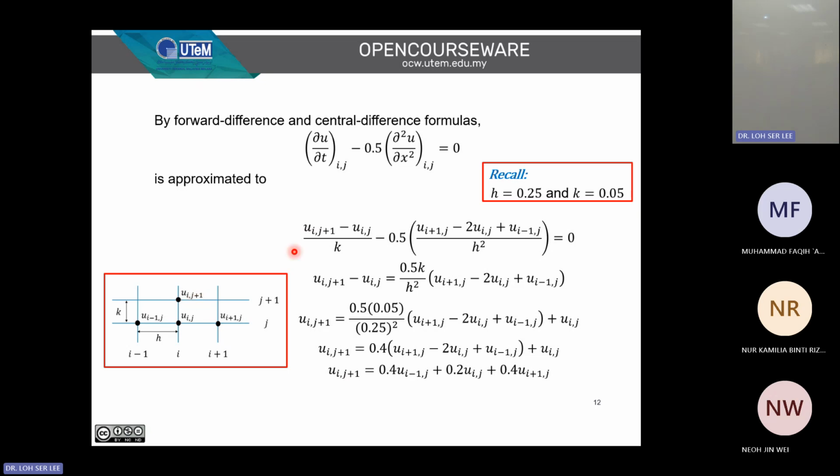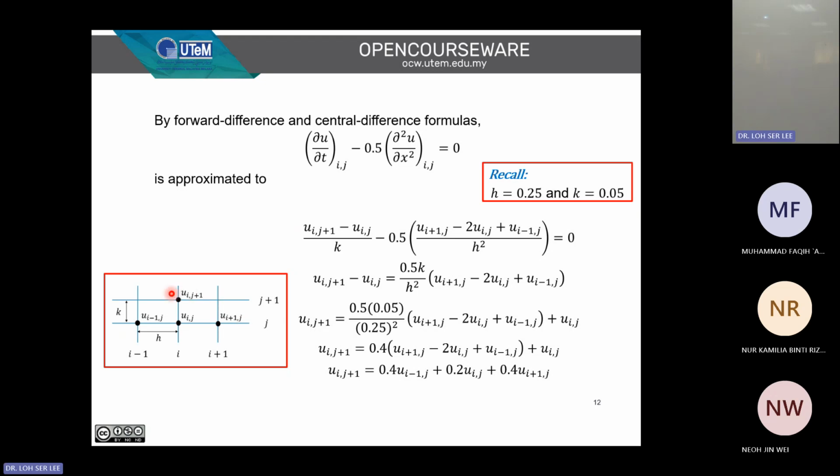U_i,j means this is U_i,j. U_i+1,j, this is the point. And the last one, U_i-1,j, the point is here. So you see the position of these 4 different U.